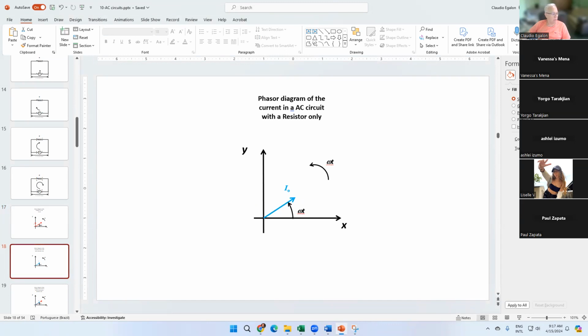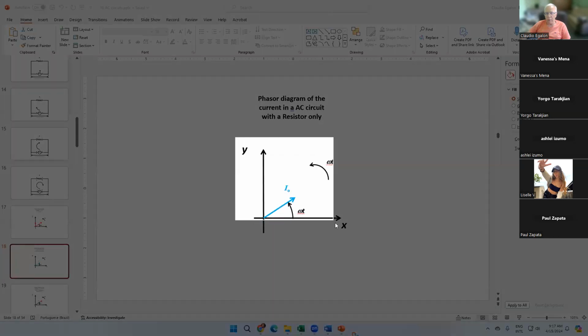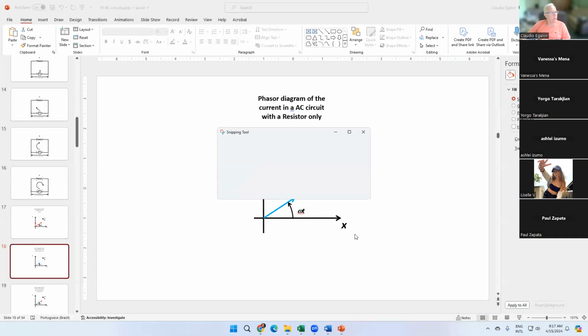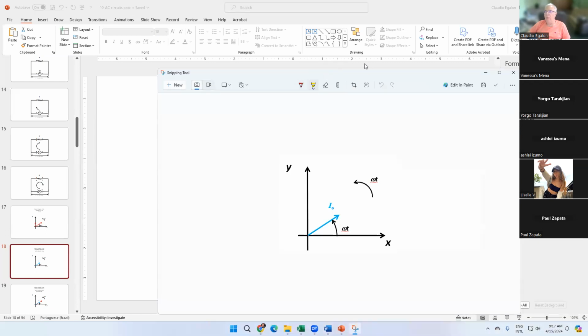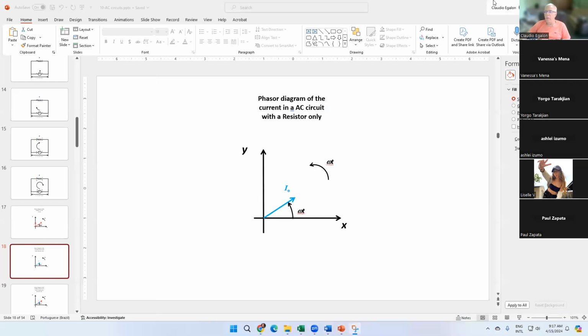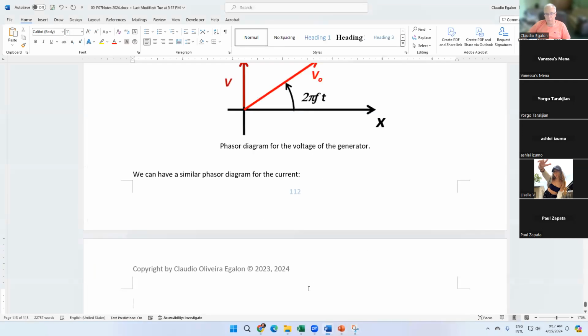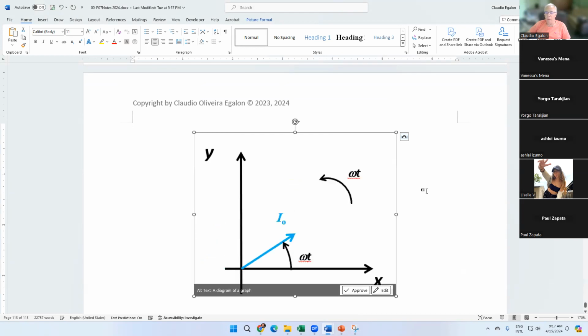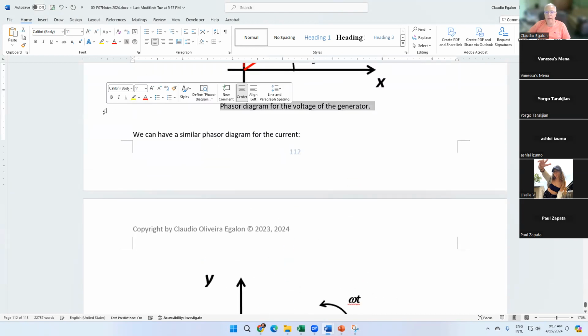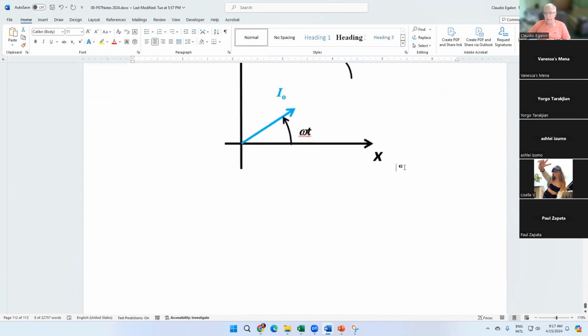I'm going to copy and paste this one as well. Phasor diagram for the current of the circuit.